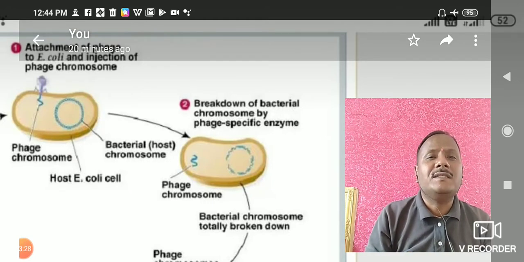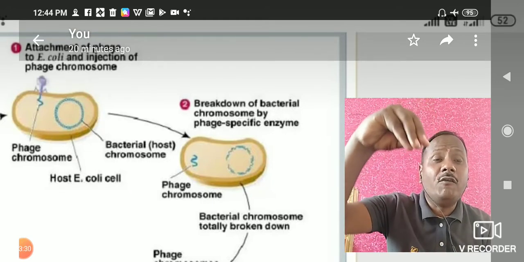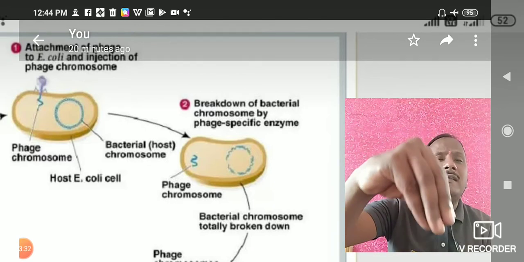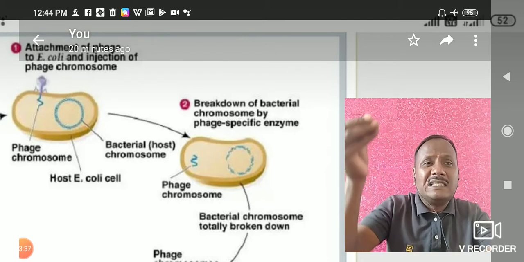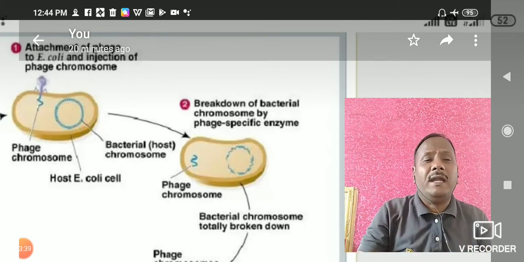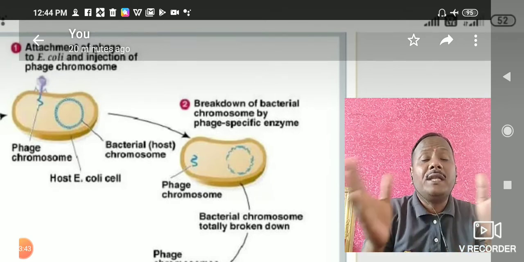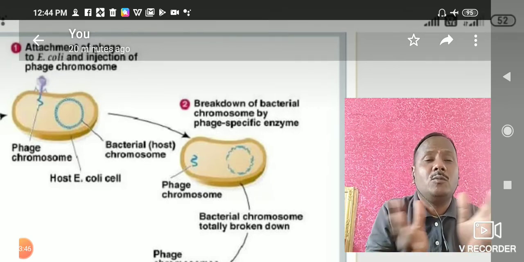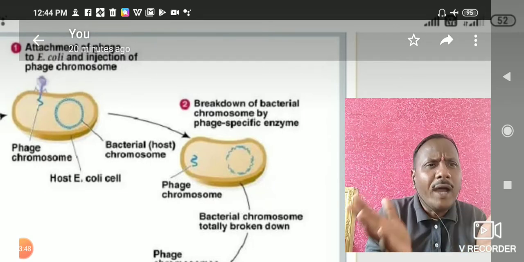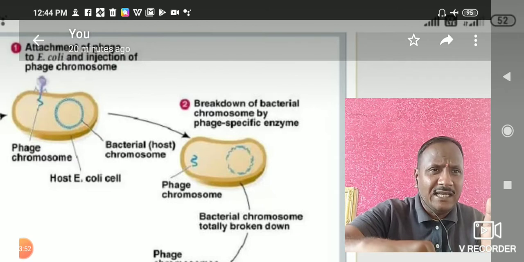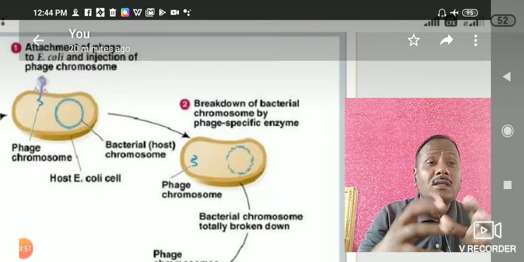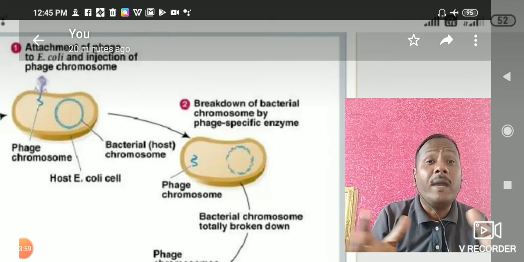After that what happens? Only the DNA of bacteriophage entered into the bacterial cells, and once the bacteriophage DNA entered into the bacterial cells, what happens? There is the breakdown of bacterial chromosome. So why? There is the entry of virus DNA into the bacteria, but there is the breakdown of bacterial chromosome.